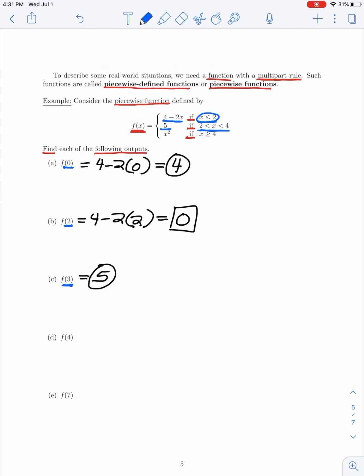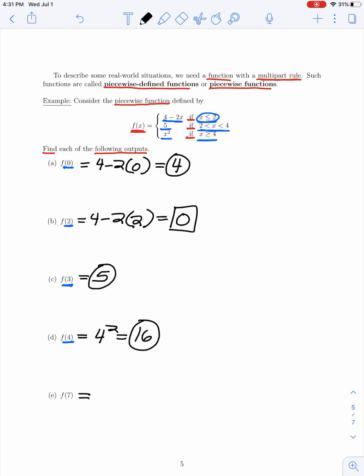Now for part D, we have f of 4. If x is equal to 4, we're now moving to our last definition where x is greater than or equal to 4, and the function is defined as x squared. So if x is 4, we have 4 squared, or 16, for the value of our function.